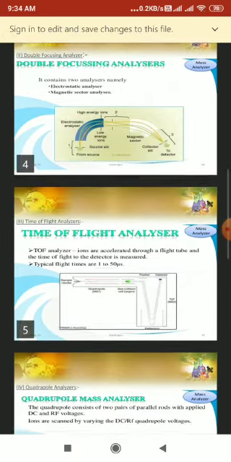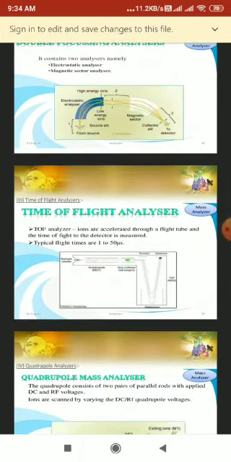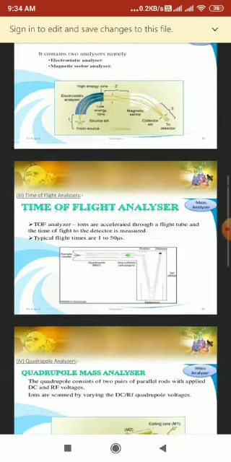This positive pulse accelerates the ions into a long field-free drift tube of about 1 meter, through which the ions move at their own velocities. Depending on the momentum, the ions reach the detector in order of increasing mass.